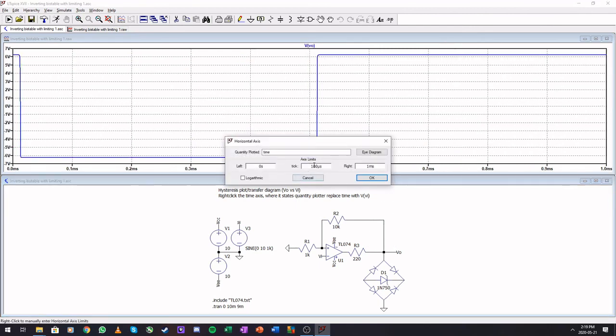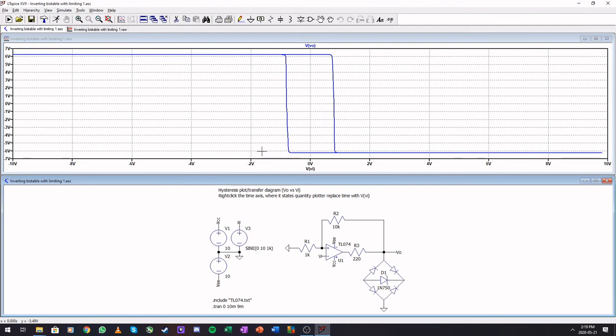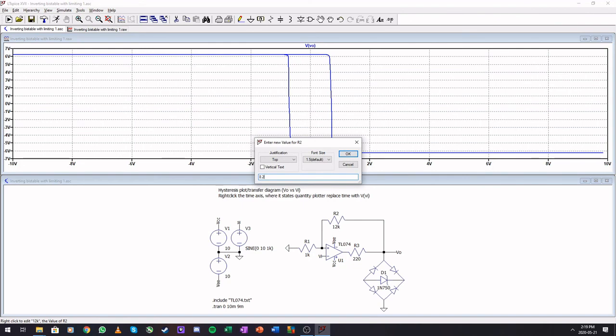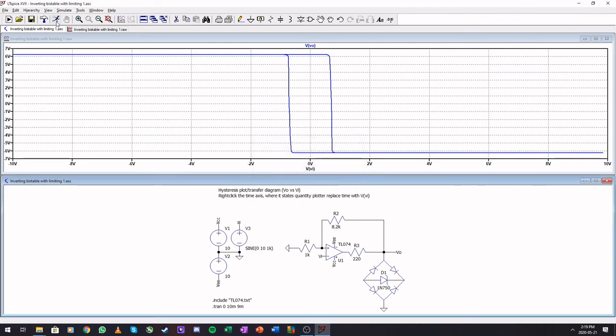Okay, so let's quickly do the bistable, and there we go, limit at 6.1, and the triggers here at roughly 1 volt. Well, not entirely, but we can tweak this narrower and wider till we are satisfied with our triggering points.